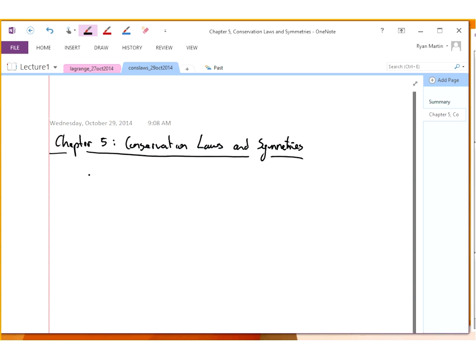So let's start with a simple example, which is 5.1 in the notes. Let's consider a particle in a central force potential.